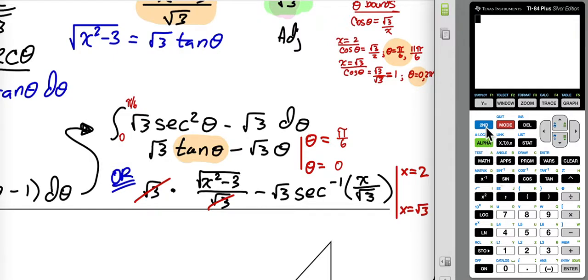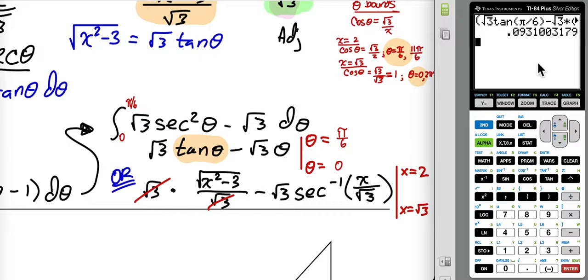I can do radical 3 tangent of pi over 6, just make sure you're in the right mode, minus radical 3, could actually just leave the radical 3 as a coefficient, times pi over 6, then subtract from that whatever you would get when you plug in zeros. As it turns out, you're going to get zeros, so it doesn't matter. So you get this decimal.